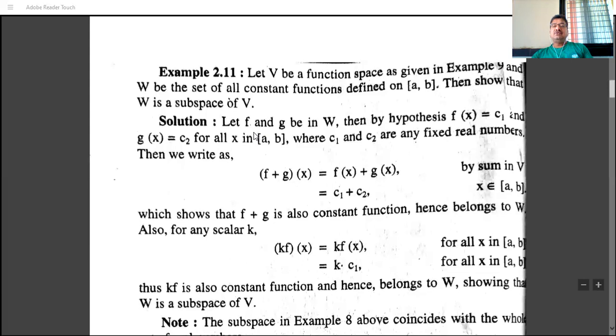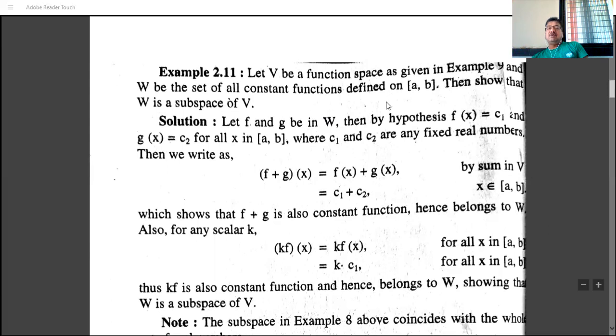So now we have to show the two conditions. The first condition is that the addition of every two elements of W is also an element of W. So let f and g be any two elements in W. Then by the definition, W is the set of all constant functions, and therefore f(x) = C1 and g(x) = C2 for all x belongs to the closed interval [a, b], where C1 and C2 are any fixed real numbers, constants, because W is the set of all constant functions.